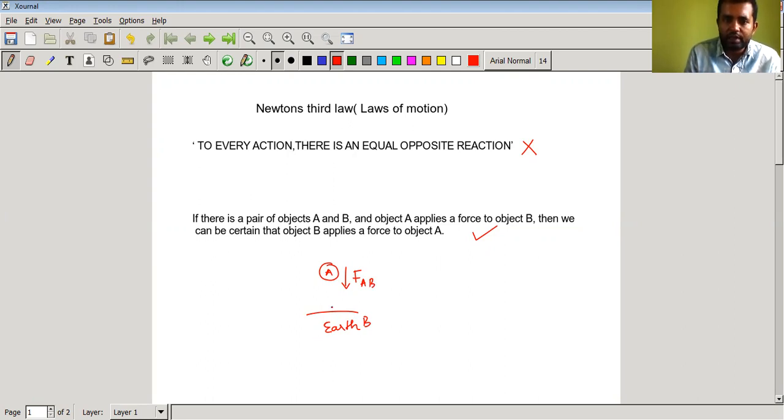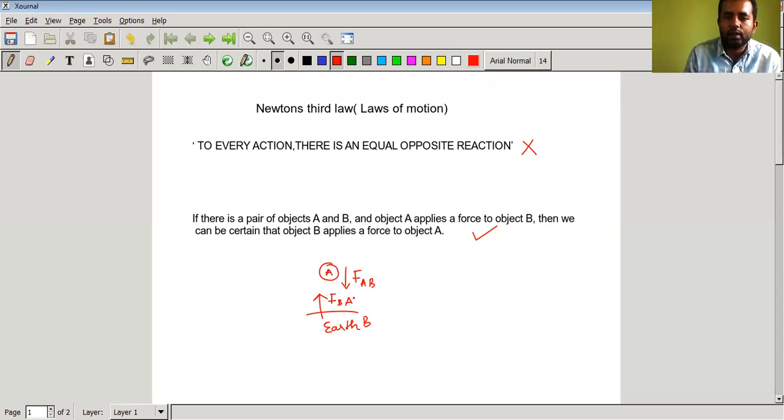Now Newton's law says that if you have two objects interacting, this is the force on A due to B. Then you can be certain that this body will exert a force on Earth, that we are writing to be FBA. Okay, so you may ask one question: if there is a force on Earth, then why doesn't Earth move? We are going to talk about it.